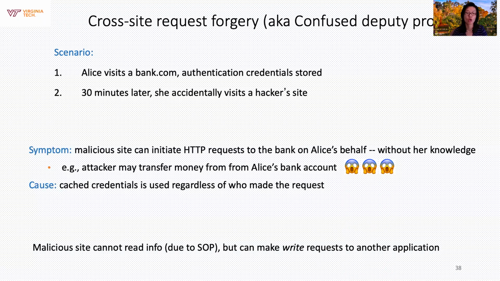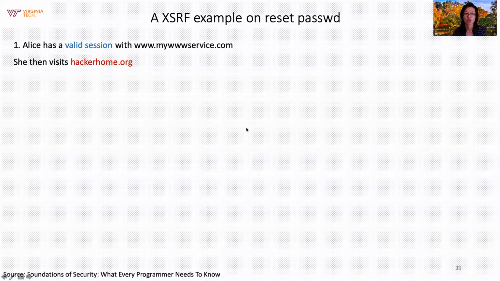That's another issue. It's worth mentioning that because of same origin policy, the malicious site cannot read your bank information, but it can still submit requests. And so the same origin policy does not prevent cross-site request forgery.